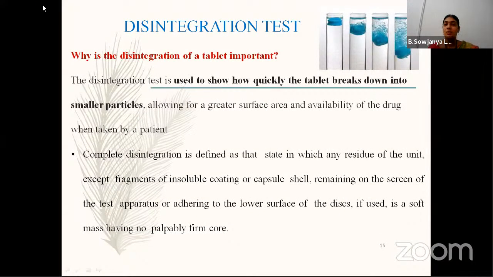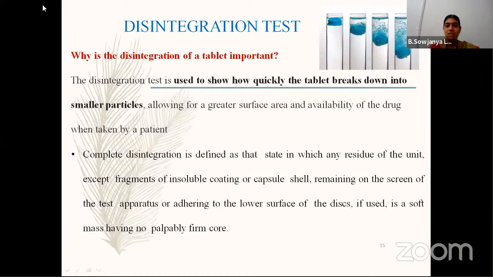The most important part in the evaluation of tablets is disintegration and dissolution. The disintegration time is very important in most solid dosage forms, especially tablets and capsules.